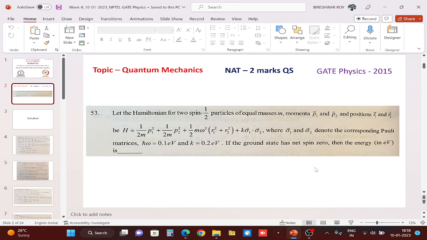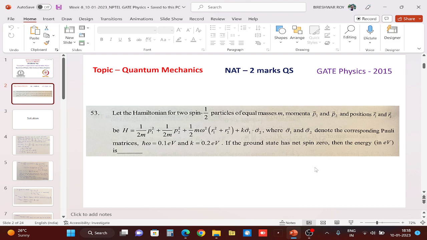L square. What's the eigenvalue if you apply the L square operator on some angular momentum state? That is L into L plus 1 times h cut square, right? Yes.